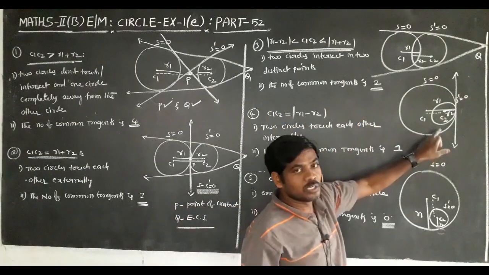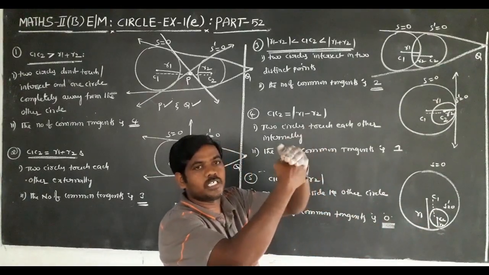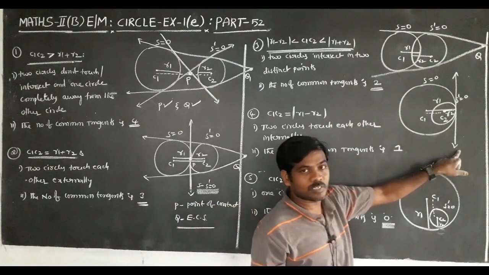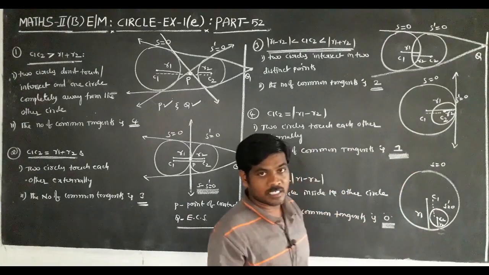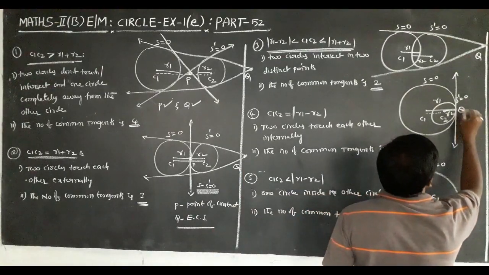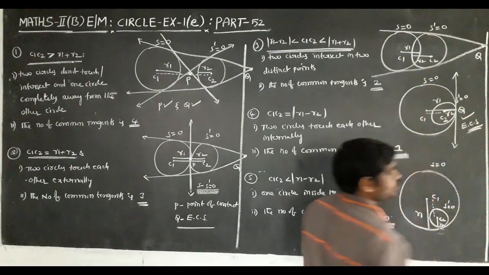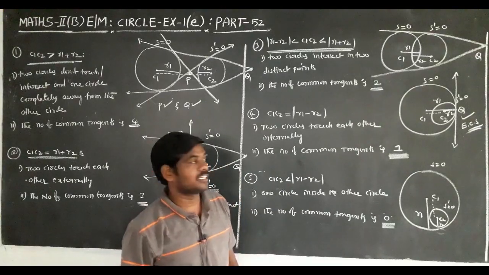Fourth one, if C1C2 is equal to mod of R1 minus R2, in this case two circles touch each other internally. The number of common tangents is 1. This is the point of contact. The point of contact is the external center of similitude.